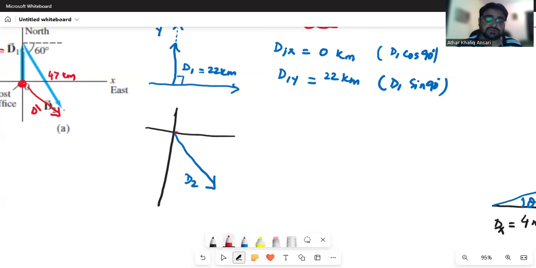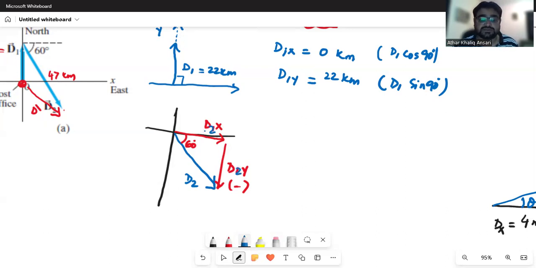D2x is positive, and D2y is going downward. It means negative y-axis, so we will put the negative sign on our own. Sorry, my mistake here, it is D2, not D1. So this is D2x and the other one is D2y.